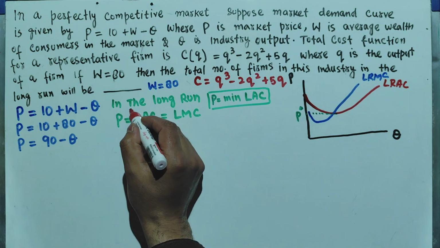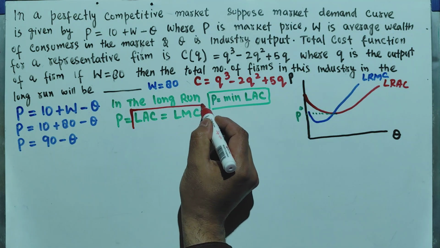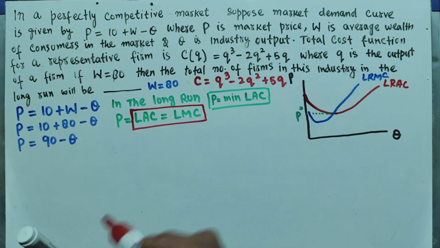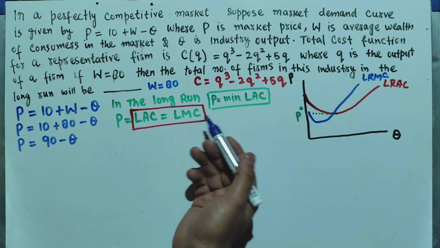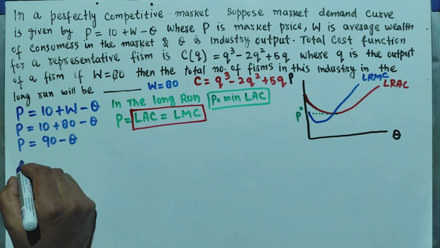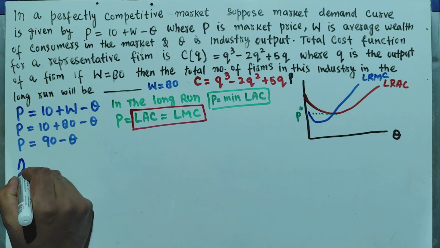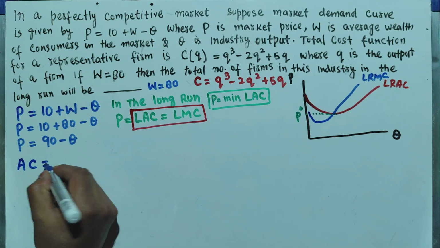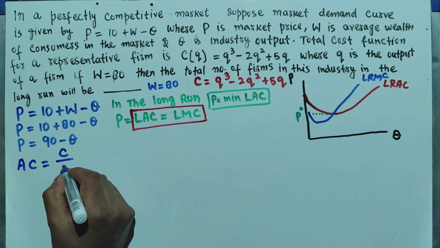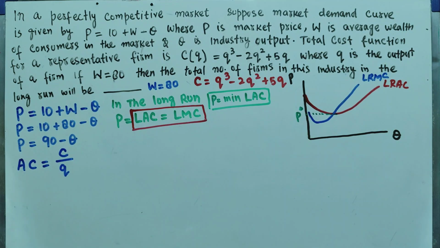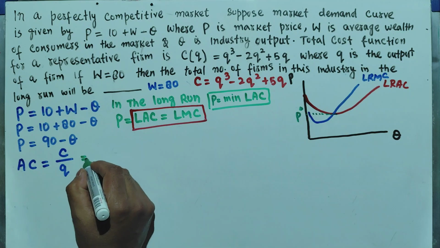Okay, so first thing is that we equate the average cost with the marginal cost. That means first we need to find out the average cost. So let's write simply the average cost, not LAC. Okay, so what will be the average cost then? Average cost, as we know, is simply equal to the total cost upon the output. And what is the total cost?